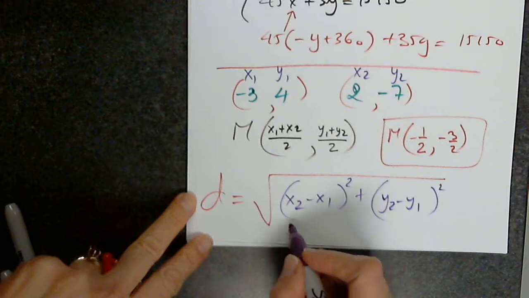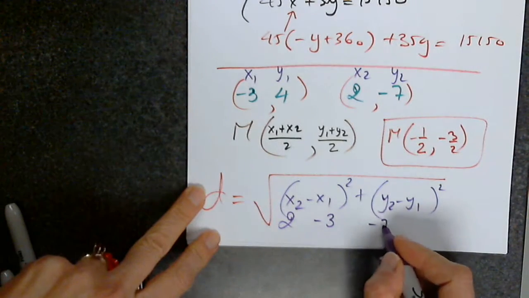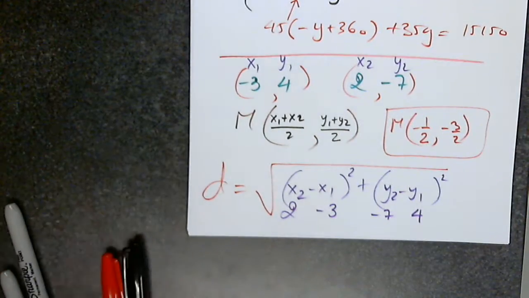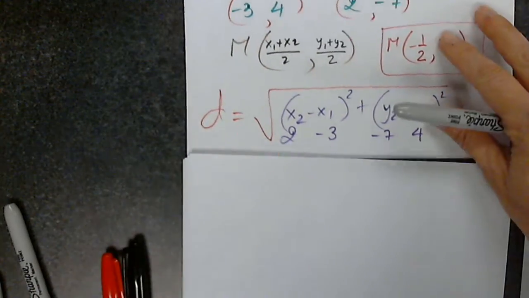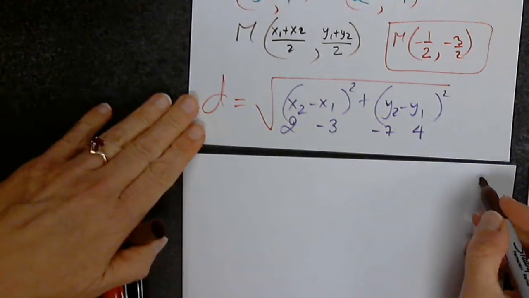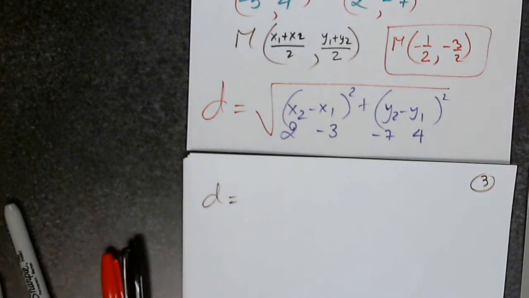So 2 minus negative 3, and 4 minus 7. Remember, everything under the square root must be positive. Each and every term and the answer has to be positive.